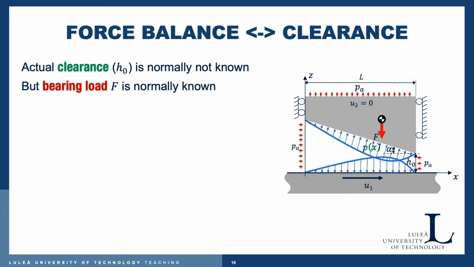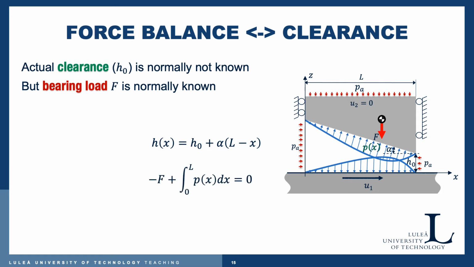But we do know, or at least we can pretty accurately appreciate, the bearing load F. The film thickness, since the inclination is so small, is only the trailing edge film thickness plus alpha times L minus X. So it's a linear expression here, and alpha determines the angle of the inclination.